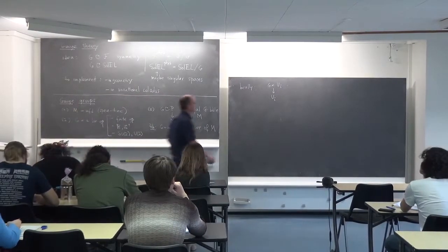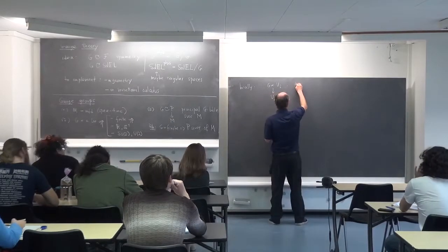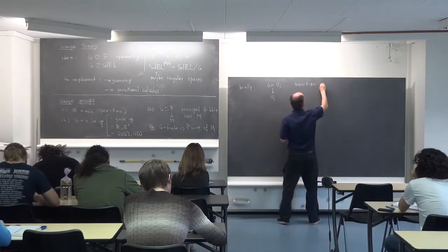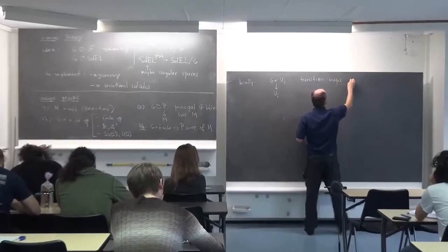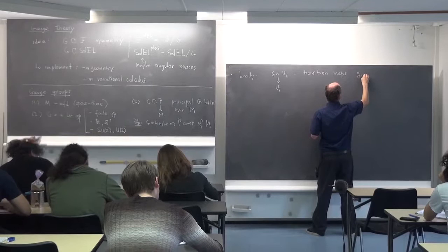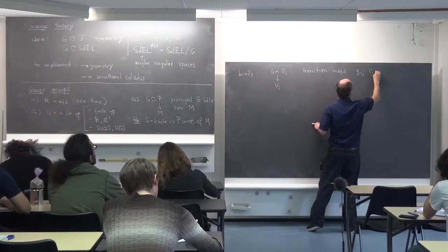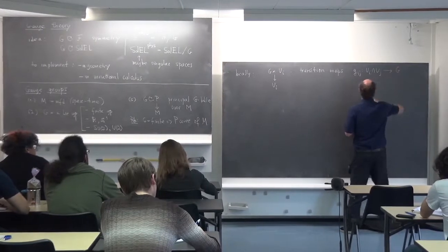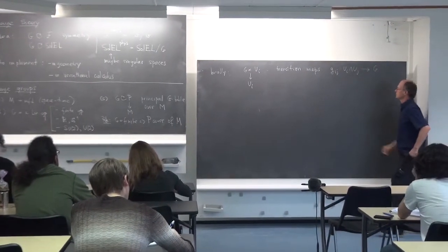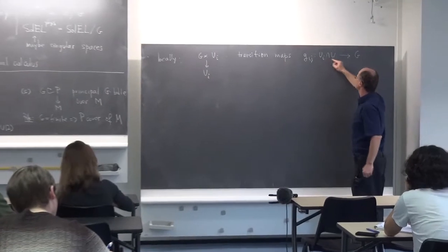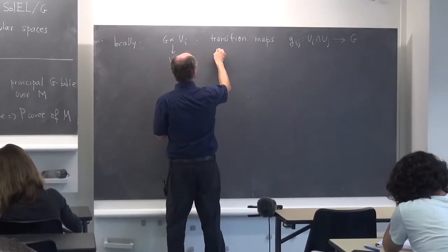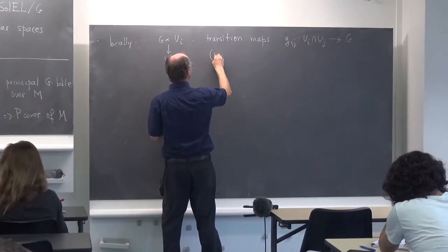Now, there are transition or clutching functions on overlaps. So they are defined by transition maps, g_ij, from the intersection of charts to the group, and we make the following identification.